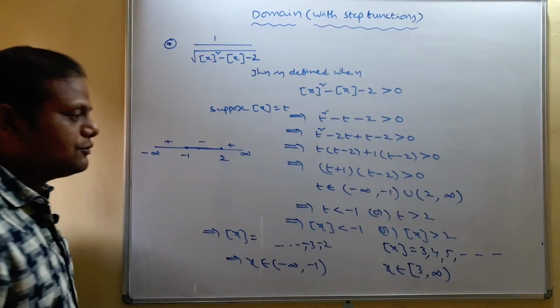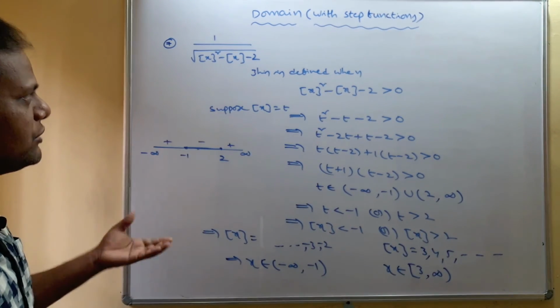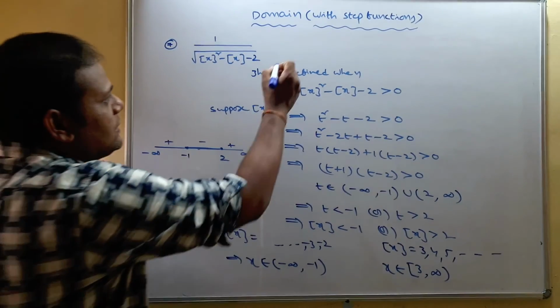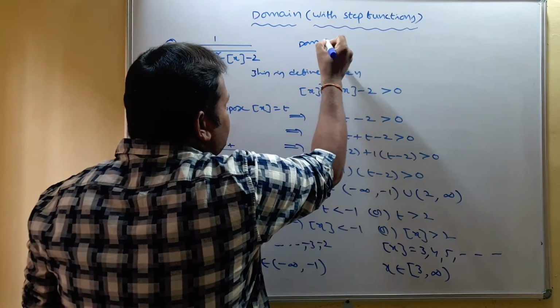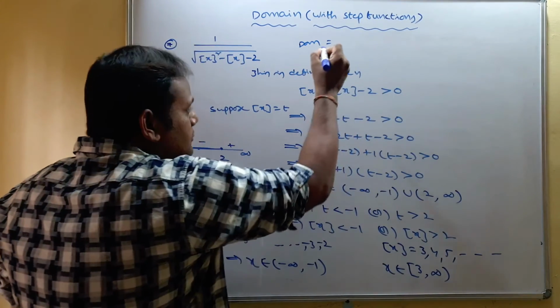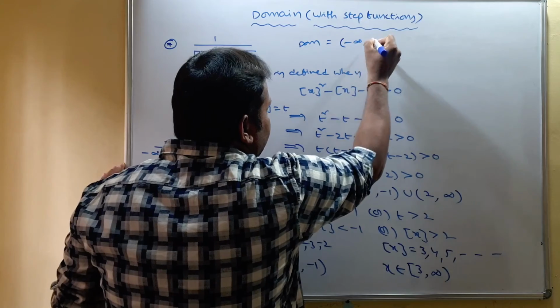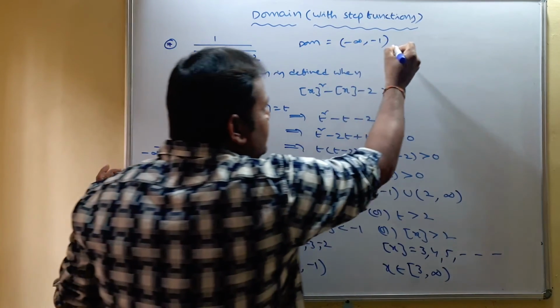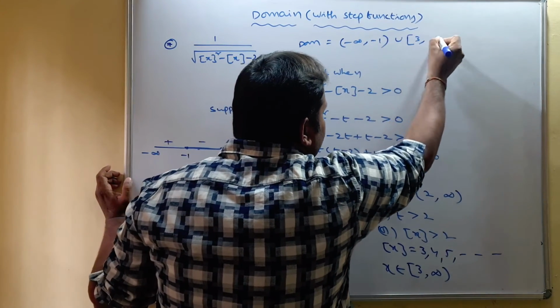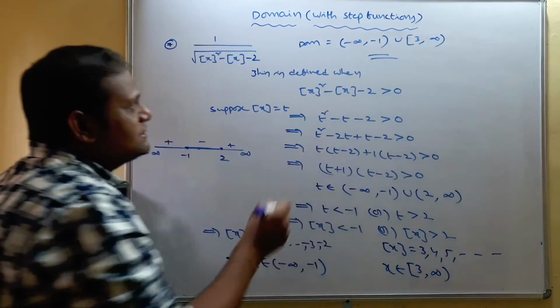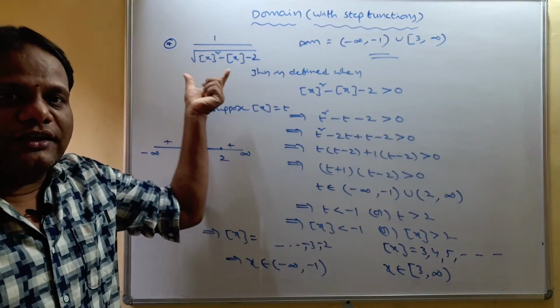So x belongs to the closed interval [3, ∞). Now can you tell what is the domain of this function? The domain of this function is (−∞, −1) union [3, ∞). This is the domain of the given function.